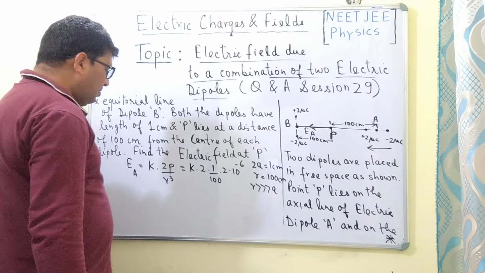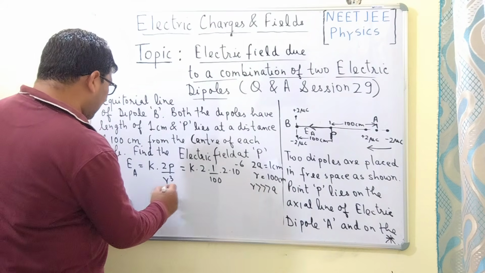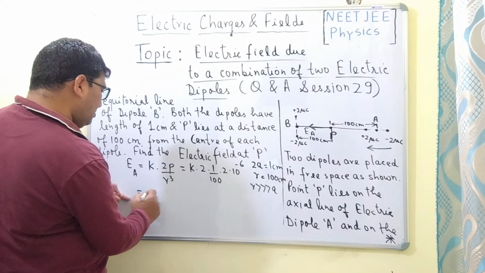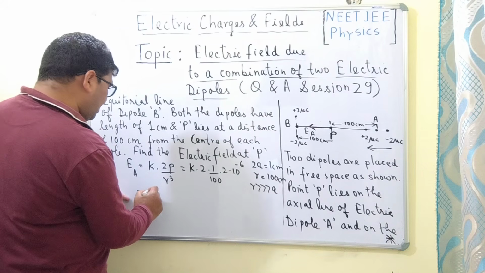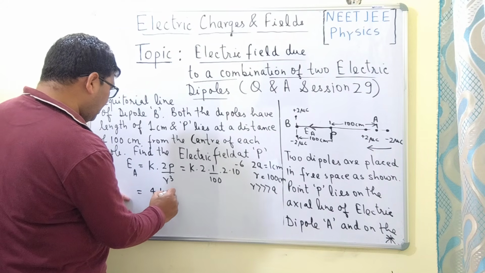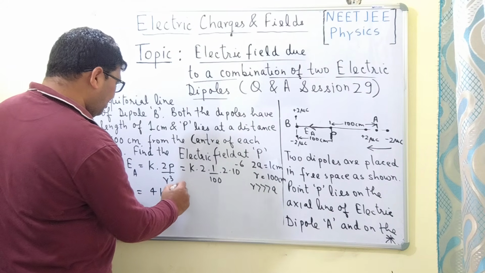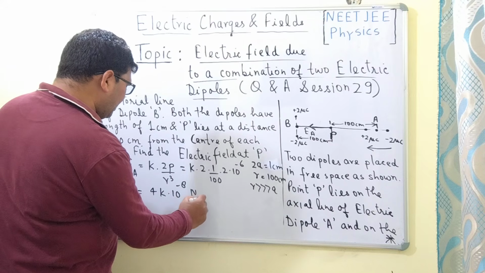So the answer is 4K into 10 to the power minus 8 Newton per Coulomb.